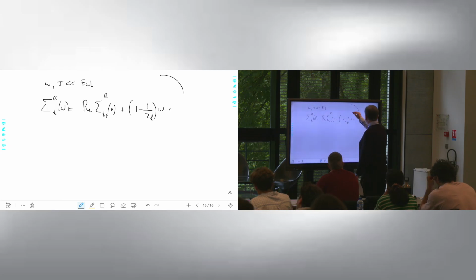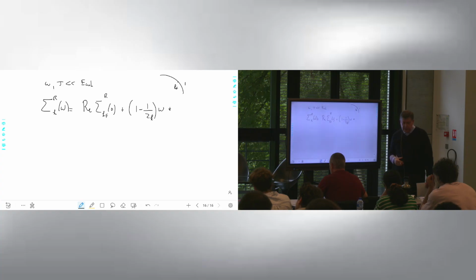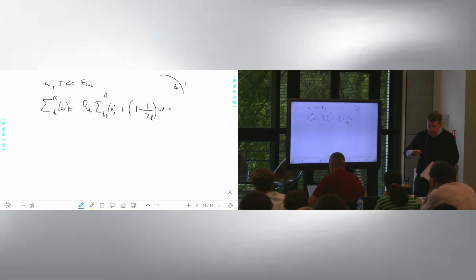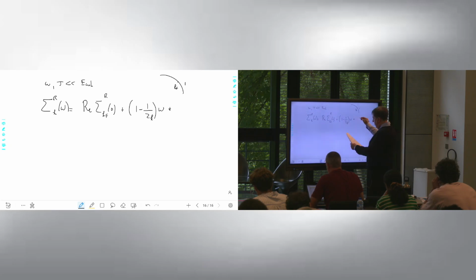so I'm locating myself at the Fermi surface here. For simplification, I will just write the formula for a spherical Fermi surface, but it's about the same in general.